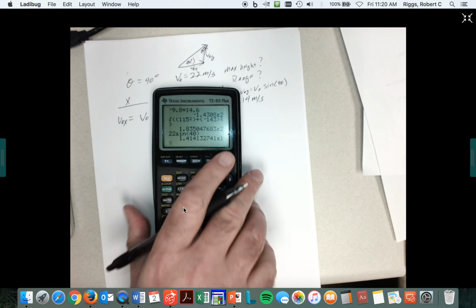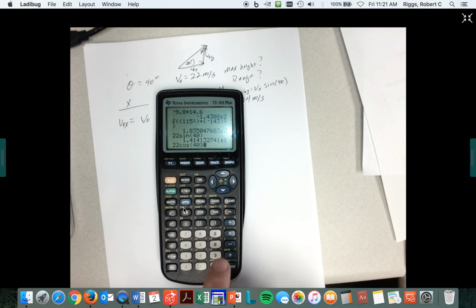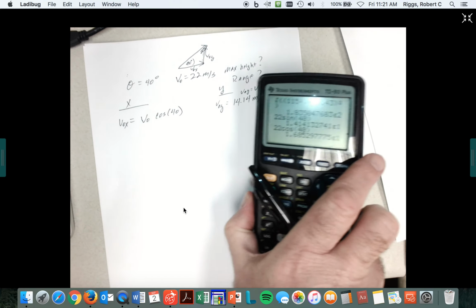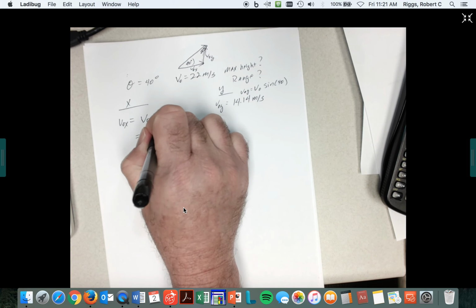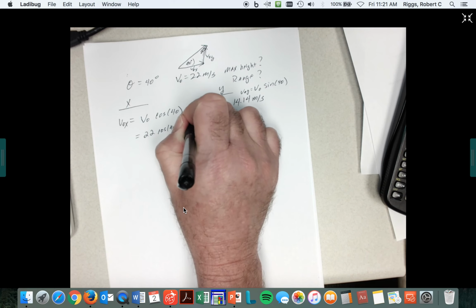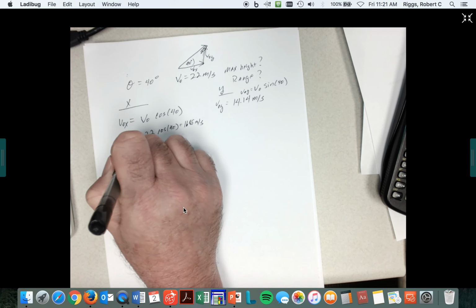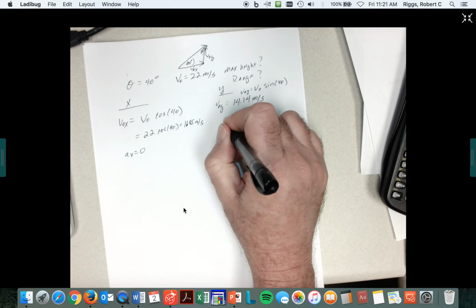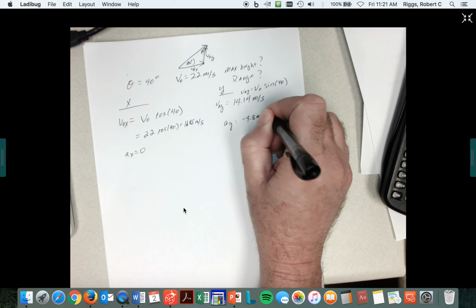Now, so this would be 22 cosine of 40 equals 16.85. Now, acceleration in the x direction, 0. Acceleration in the y direction, negative 9.8 meters per second squared.